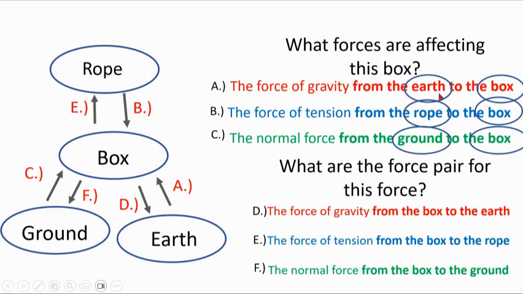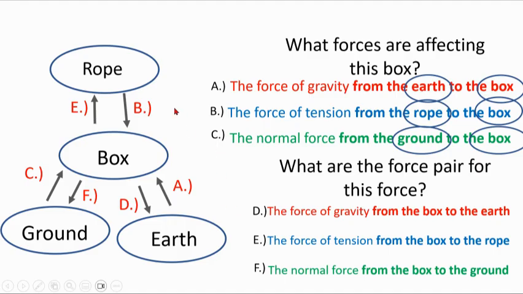Instead of the force of gravity from the earth to the box, it's now from the box to the earth. Instead of tension from the rope to the box, it's now tension from the box to the rope. Normal force from the ground to the box is now box to the ground. All of these forces exist, and we know they do by Newton's third law. And so we're going to draw arrows to and from the box.